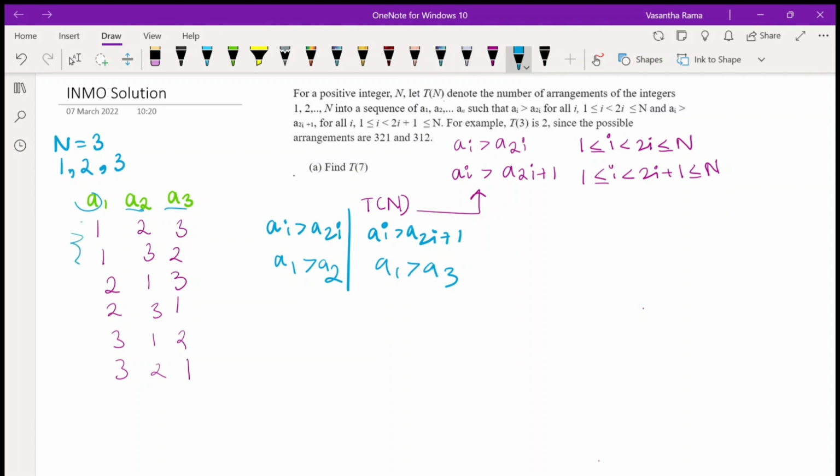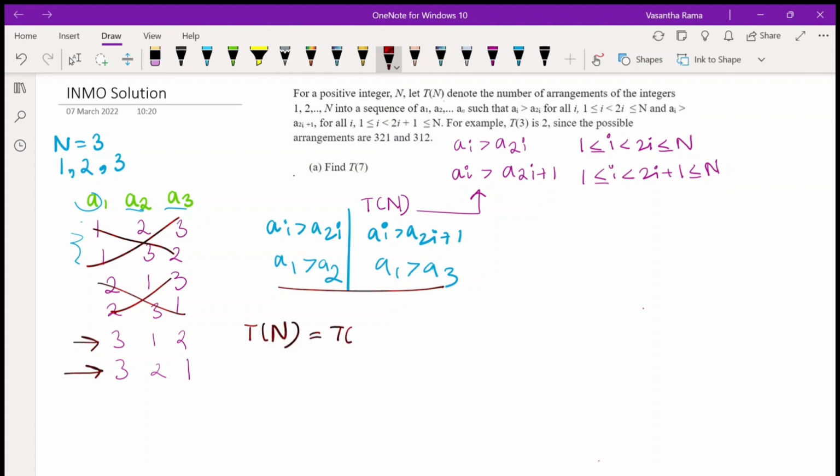In these two arrangements, a1 is less than both a2 and a3, so they don't count. In the next arrangement, a1 is less than a3 and a1 is less than a2 in the other one, so these two don't count either. The only arrangements that satisfy these conditions are 3, 1, 2 and 3, 2, 1. So therefore, t of n, which is the number of arrangements that satisfy the condition, t of 3 is equal to 2.